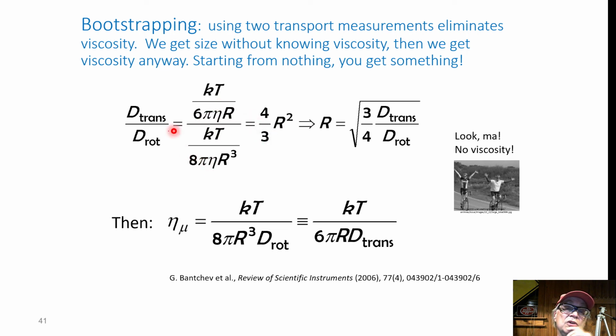So I could not know the radius of my particle, not know the viscosity of the fluid it's in, calculate the radius, then put that radius back into these microviscosity equations and calculate the microviscosity. I could start knowing nothing and wind up knowing everything. That's kind of cool.